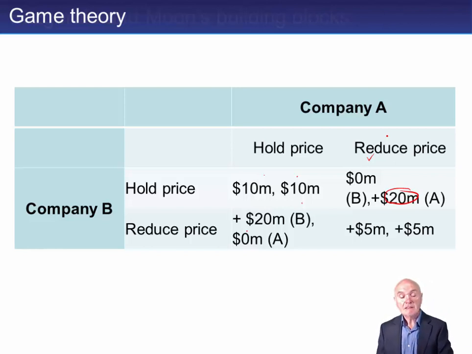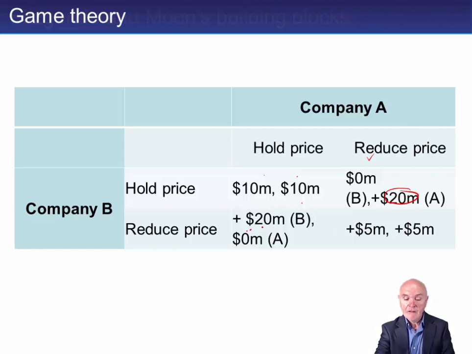Okay, let's say that B does something different. What would happen if I were to hold my price and B was to reduce its? Then I'm going to earn 0. Well, what happens if I reduce my price and company B reduces its price? I'm going to get 5 million.